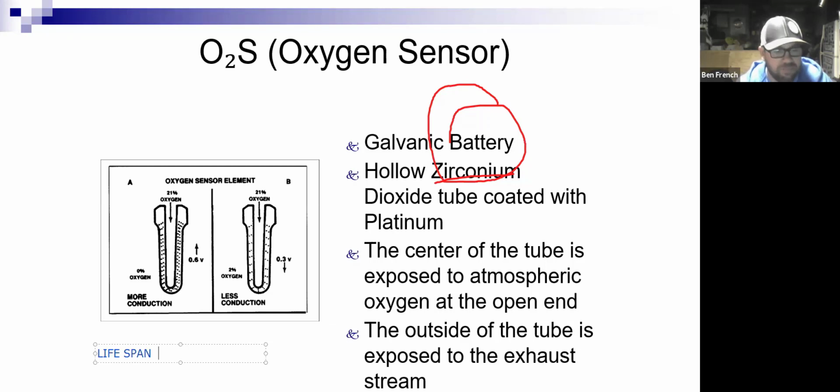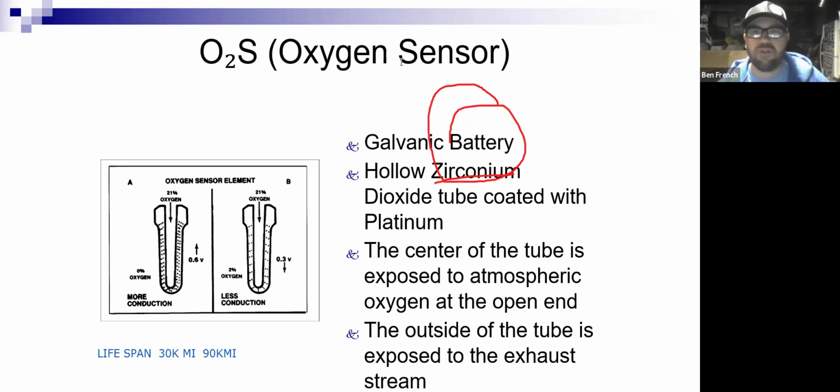The old ones lasted maybe about 30,000 miles. Newer sensors, maybe you get 60 to 90,000 miles, but they do have a lifespan to them. So again, you think of them like a battery. All batteries will eventually go dead. So will an oxygen sensor.